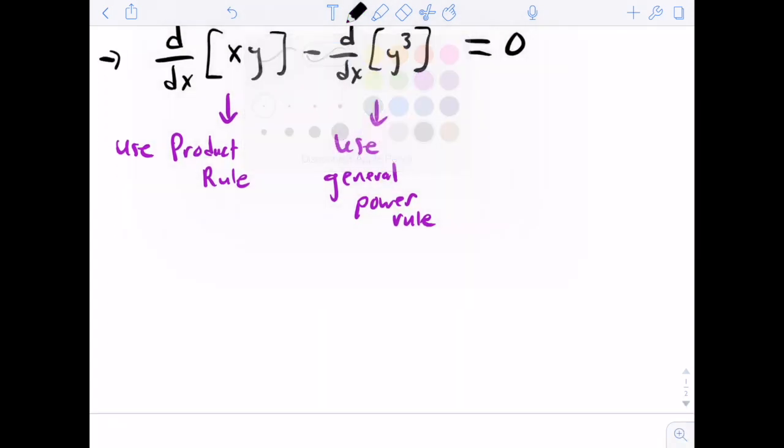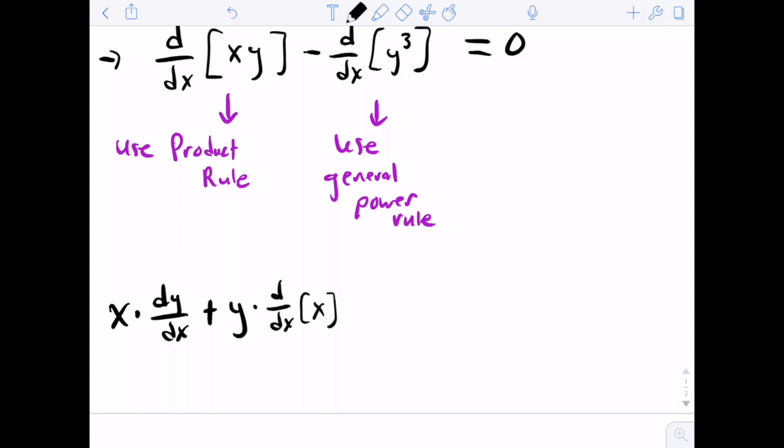Okay, so let's go through that. For the first one, remember what the product rule is, right? First times the derivative of the second, because remember, the derivative of y is just dy by dx. So first times the derivative of the second plus second times the derivative of the first, so the derivative of x. So that's that first bit, right?